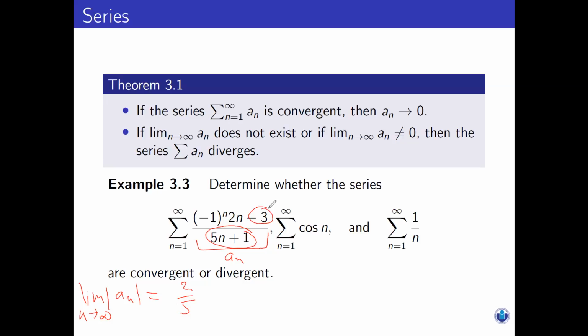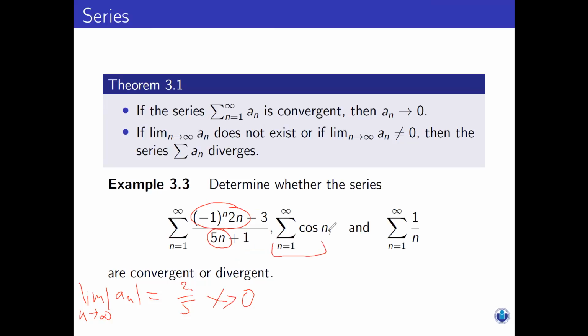So these guys are the main terms here, the dominating terms in the numerator and denominator, and when you divide them and take the absolute values, you get 2/5. So it doesn't go to 0. So that implies that an doesn't go to 0.